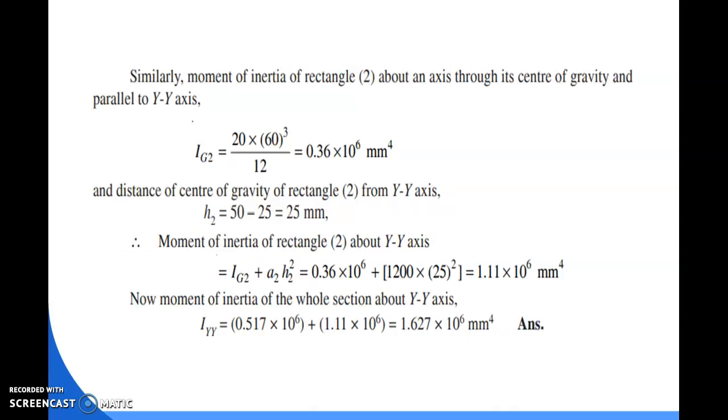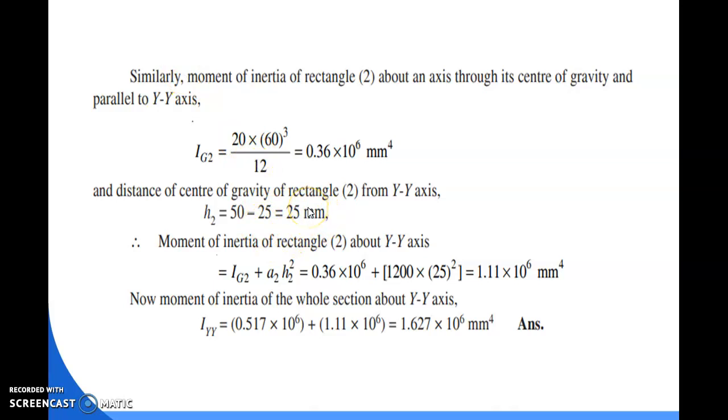Similarly, for section 2, the value of Ig2 is equal to bd cube by 12, which is 20 into 60 to the power 3 divided by 12, which will be 0.36 into 10 to the power 6 mm to the power 4. Now, the value of h for section 2 is the difference between x bar and x2, so here the value of h for section 2 is 25 mm.